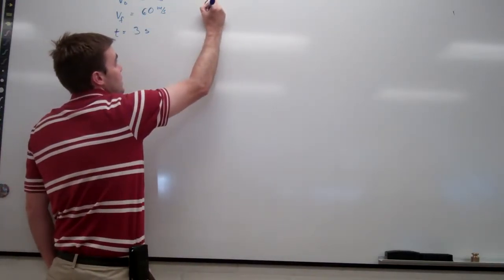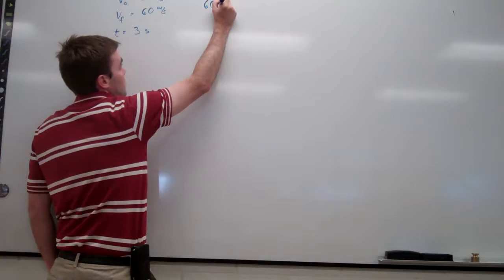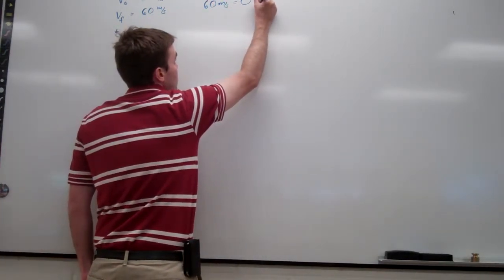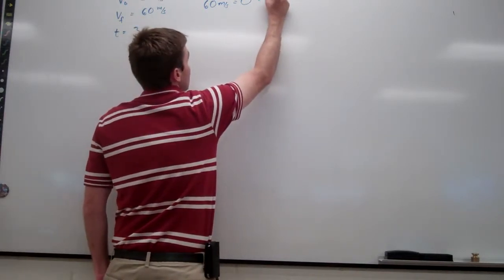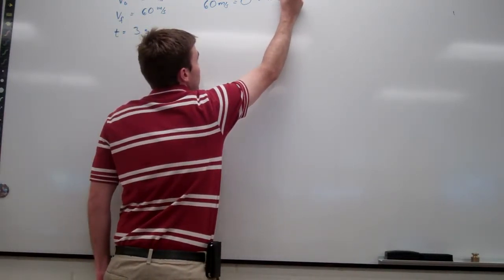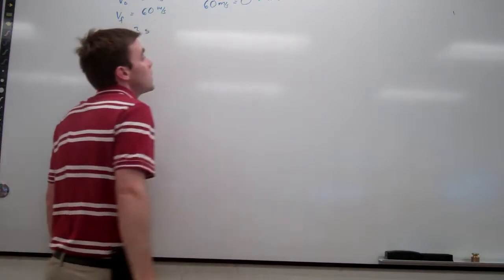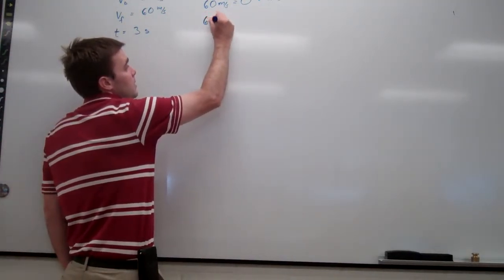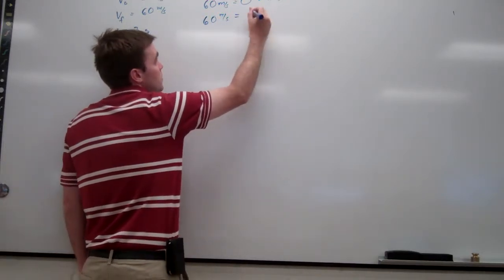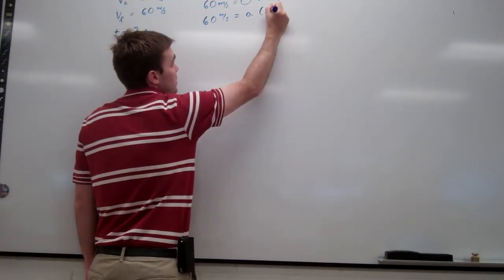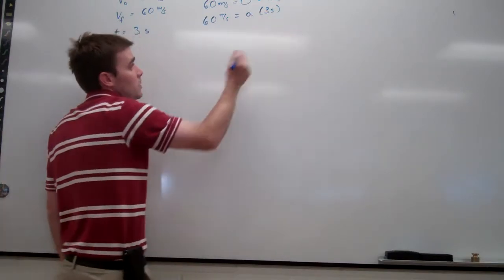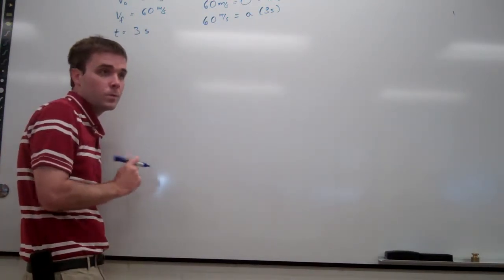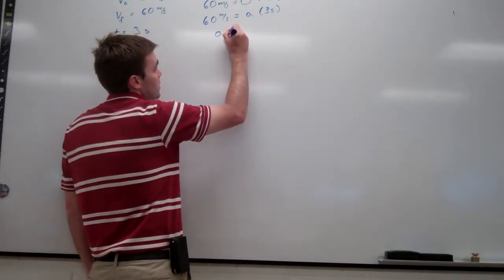So our final velocity is 60 meters per second. Initial velocity is 0, plus acceleration is what we're looking for, and time is 3 seconds. So we end up at 60 meters per second equals a times 3 seconds. Divide both sides by 3. What's 60 divided by 3? 20. So our acceleration is 20.